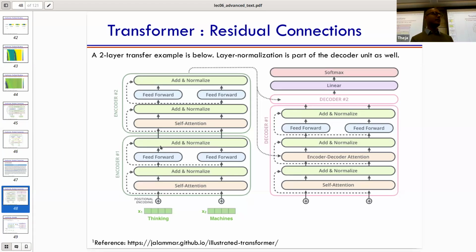Any questions about this? What we have not talked about is what is this extra encoder decoder connection attention in the decoder block, because the decoder block looks exactly the same, right? So it's basically exactly the same skip connections, self-attention, add and normalize, except there is an extra encoder decoder attention and add and normalize in between.